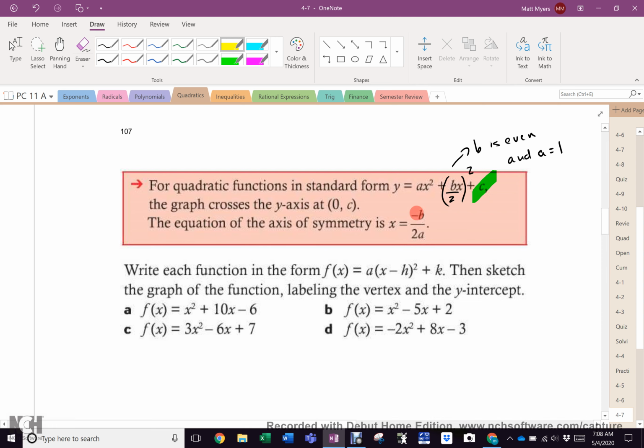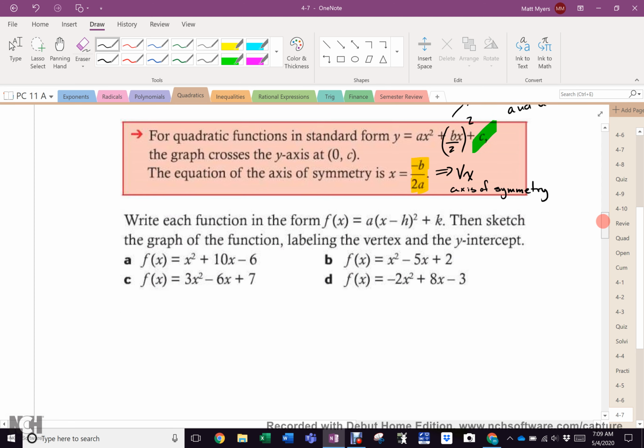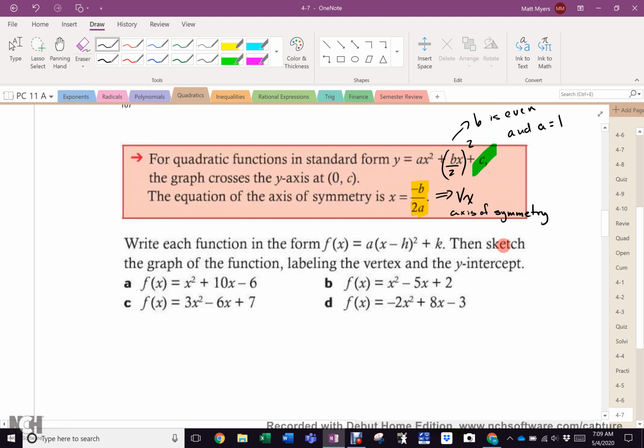In that case, this trick is very handy. If you take the negative b over 2a, that is going to give you your vertex x coordinate, which is also, of course, the axis of symmetry. And that is really handy. I'm going to show you how to deal with it when we get a chance to.